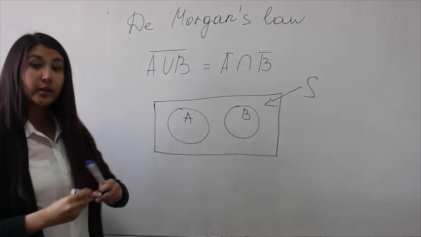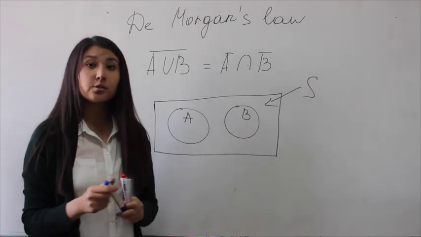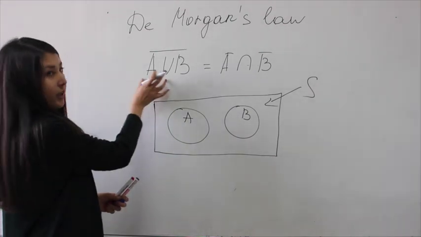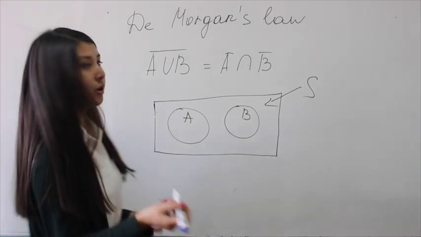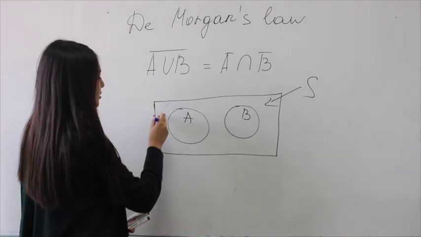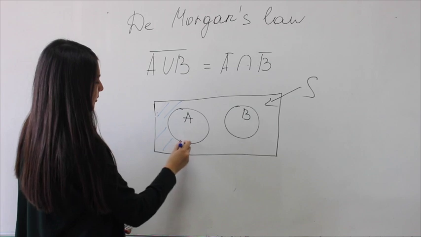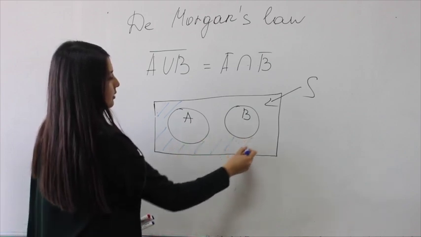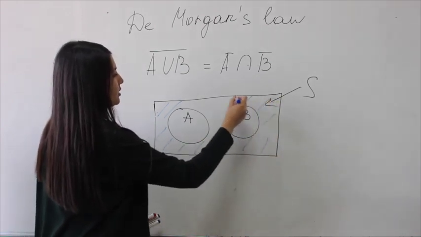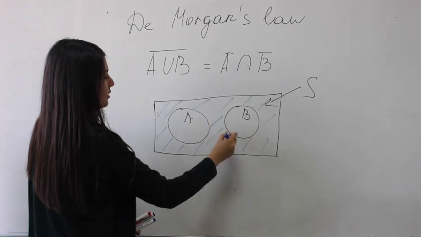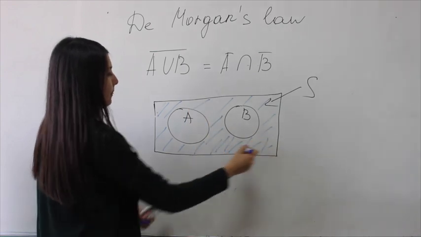I will use a blue marker to denote the complement of A union B, which is everything that belongs to the sample space but does not belong to these two circles, A and B.